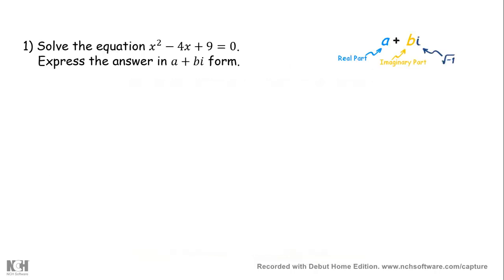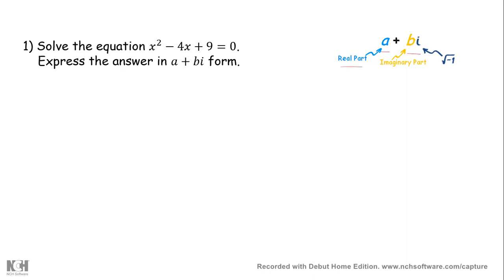Okay, so number 1. Solve the equation x squared minus 4x plus 9 equals 0 and express the answer in a plus bi form. Notice that over here we have a plus bi.